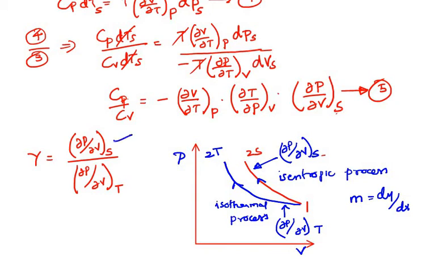Dou P by dou V at constant entropy is always greater than dou P by dou V at constant temperature. This you can see from the graph itself. This curve 1 to 2s will be having a higher slope, higher angle. That's why this will be a higher value and this will be a lower one. So gamma is equal to dou P by dou V at constant entropy divided by dou P by dou V at constant temperature. This you keep as equation 6.